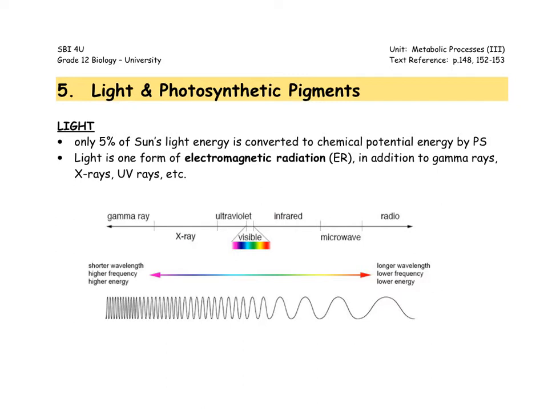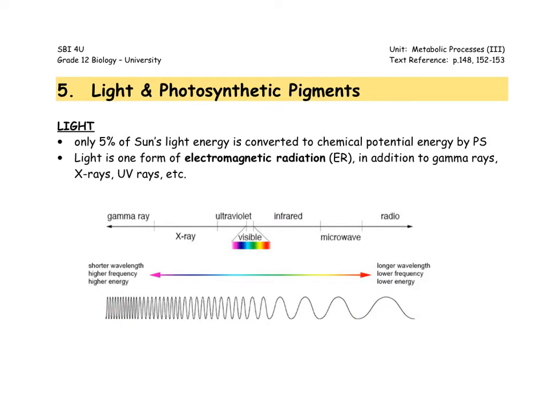So for instance, I can see over here in my radio wave section that the wavelength is quite long for radio waves as opposed to gamma rays, where the wavelength is quite short. However, we know that gamma rays are quite powerful, right?